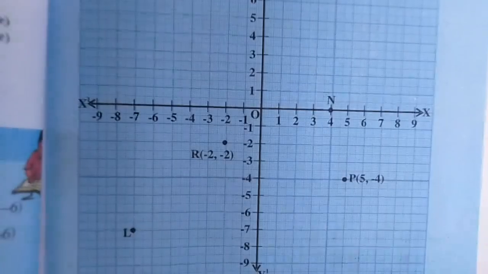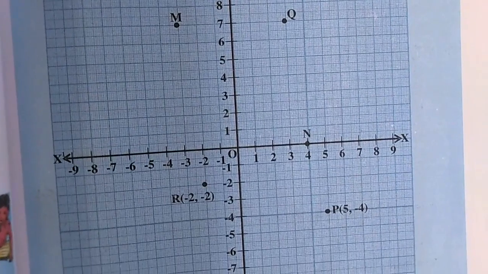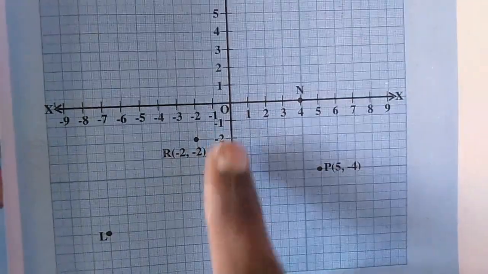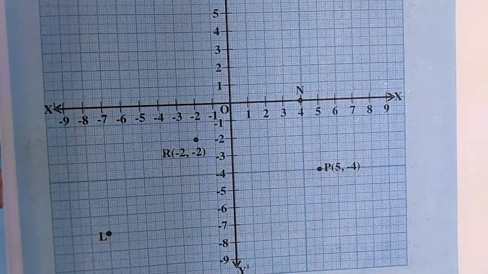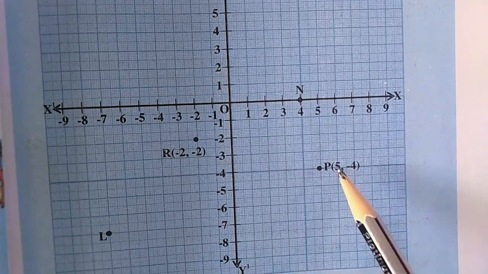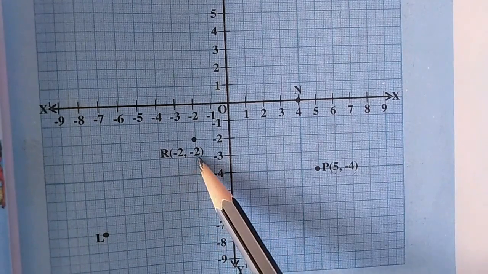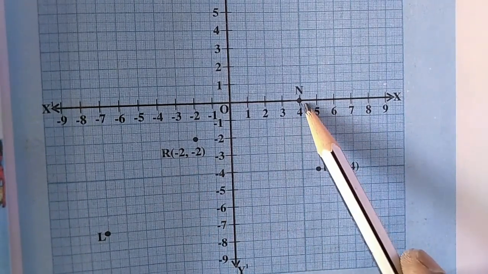See, the graph is given like this. Here the x-axis and y-axis both intersect at point O. Some points are given: P is 5, minus 4, and R is minus 2, minus 2. Here N is given on the x-axis at 4.